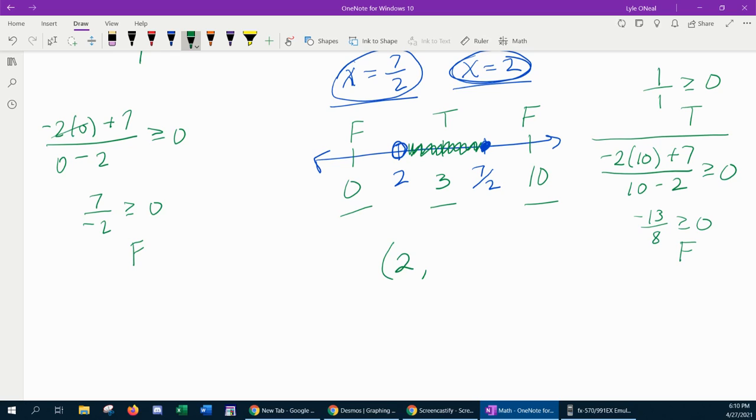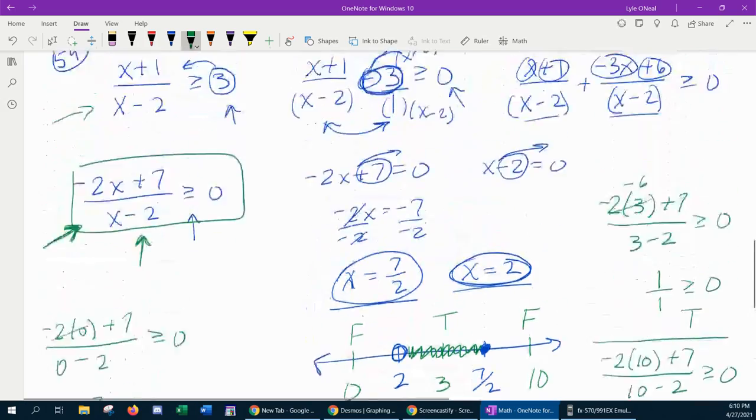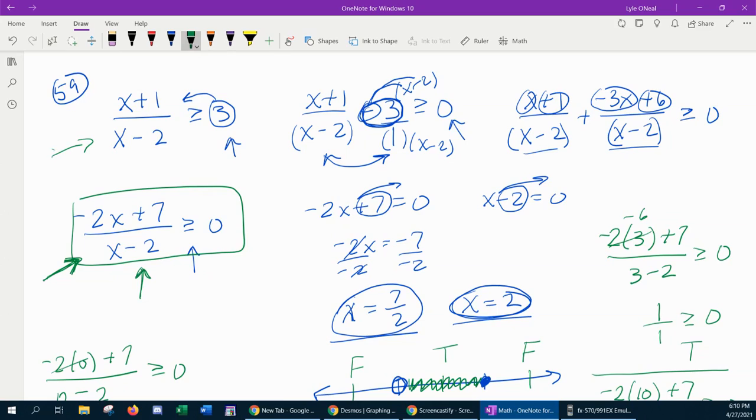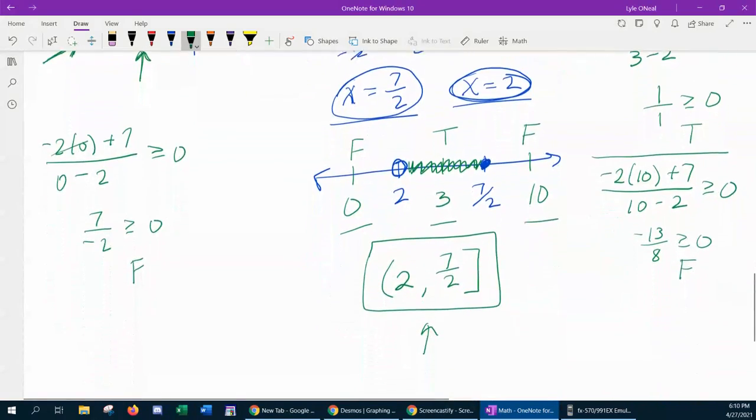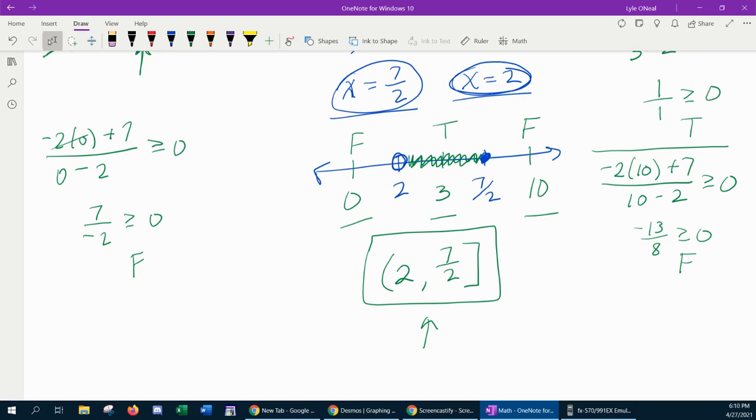And the shading stops at 7/2 with a solid dot, which indicates a bracket. Now, do you understand what this means? This means that any number in this interval, if I plug it back into the original problem, I will get a true statement. That's what it means to be the solution of a rational inequality.